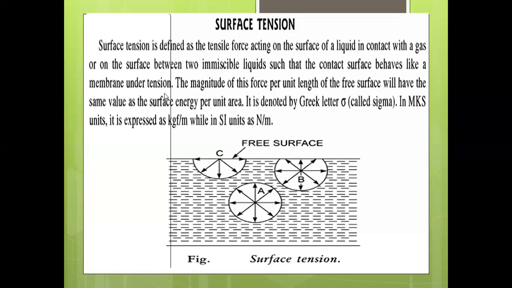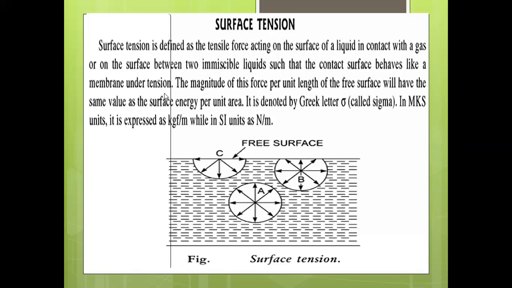I have shown you two images or photos. That insect walking on the water, and another example, one pin. If we place it very smoothly, then it will also float on the water, right? Even though it is having more specific gravity than water. So the reason behind that is surface tension.